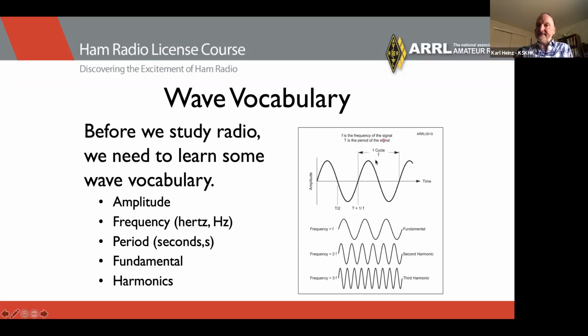We call this one cycle, and then we count how many cycles we can fit into 1 second, and that is our frequency. We can also go the other way around, and again, with a stopwatch, we can measure how much time it takes for that wave to go from this neutral point up, through the neutral point down, and then back again. And we measure that in fractions of seconds or seconds, and we call that the period of a wave.